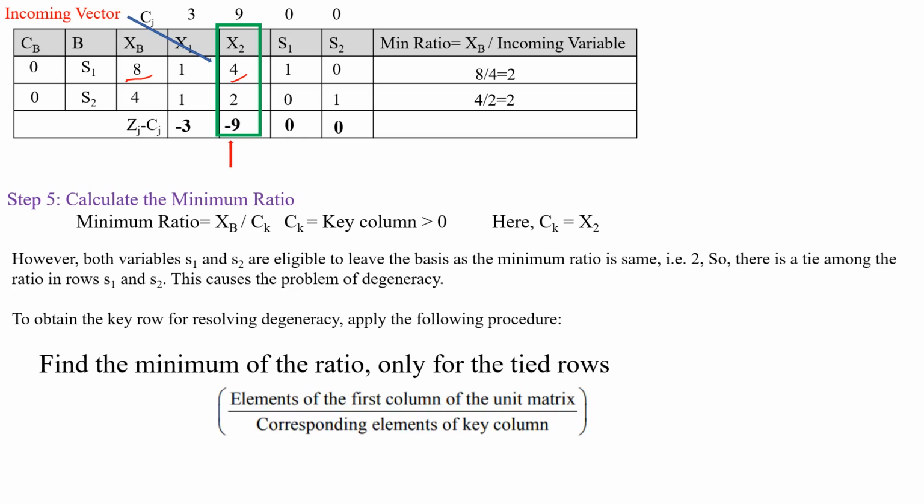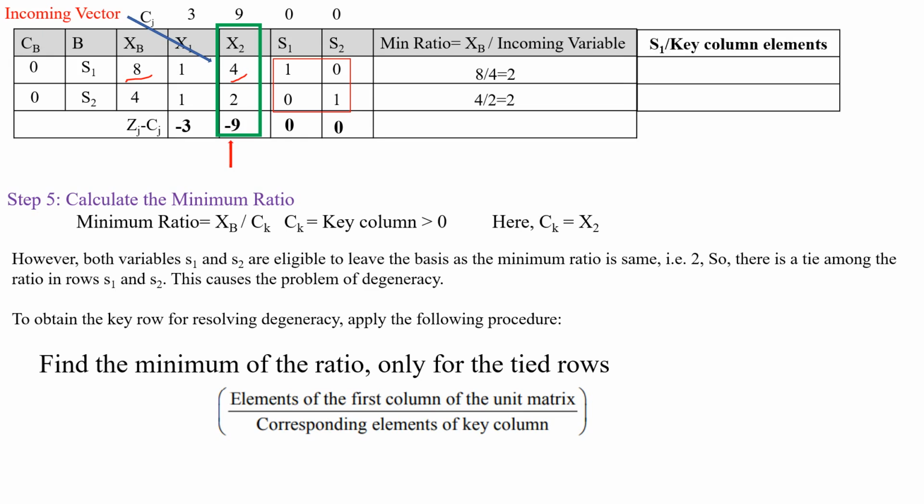That minimum ratio is the elements of the first column of the unit matrix divided by the corresponding elements of the key column. Here observe that S1 and S2 are forming the unit matrix, and the first column of the unit matrix is the S1 column. So the minimum ratio for the tie rows is S1 divided by key column elements. First we calculate this ratio for the first row, the S1 row.